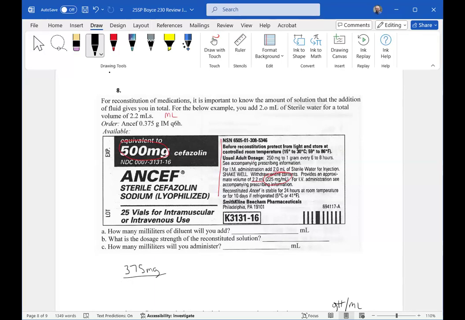So with ordered over available, my available is the 225 milligrams per ml. Then you just plug it into your calculator. Like I said, no one asked this question, but I felt like it was good to review it again. So 375 divided by 225, I get 1.6 repeating, and so you would answer that as 1.7 ml. And if there was a syringe to mark, you would make your mark at 1.7 ml.